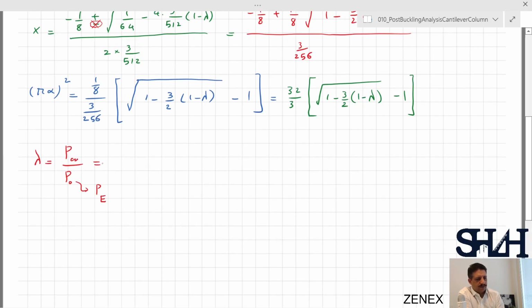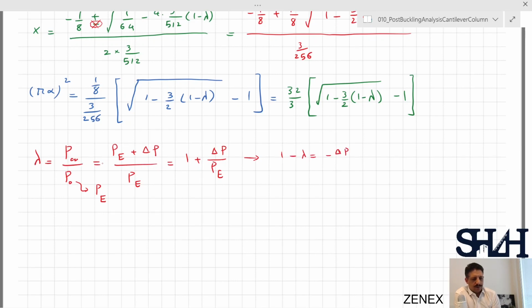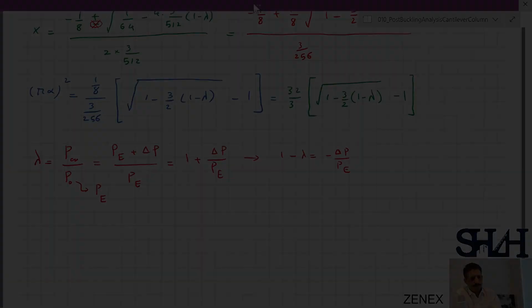So I can write this. We know that P critical is greater than P Euler force. So it will be PE plus delta P divided by PE. So it will be 1 plus delta P divided by PE. And I can rewrite it: 1 minus lambda will be minus delta P over PE.